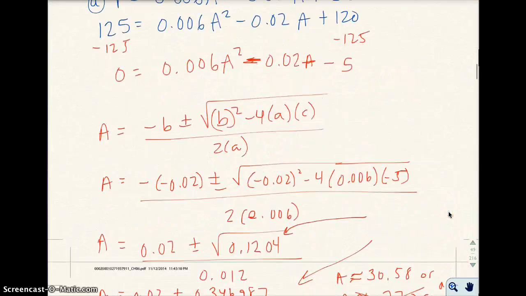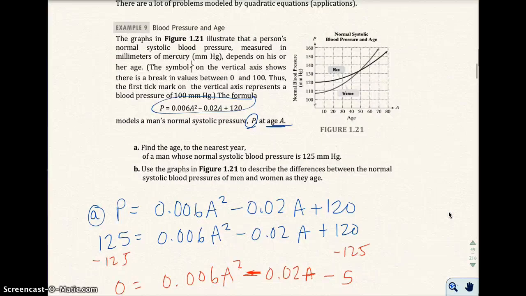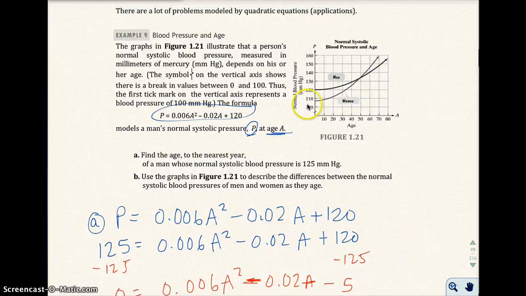Now, part B asks you to describe differences between the normal blood pressure of men and women as they age. Well, I'm going to go ahead and write here. Looks like the men's blood pressure is higher than women's up until the age of 50, and then women's blood pressure goes up.